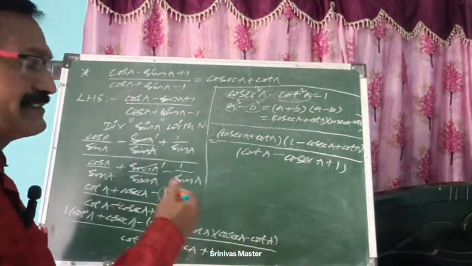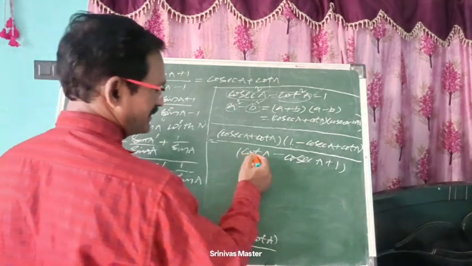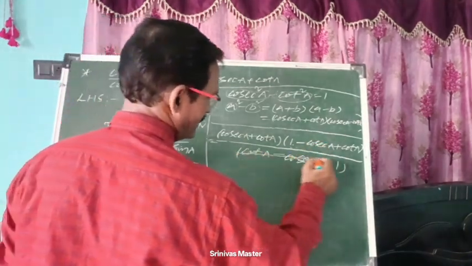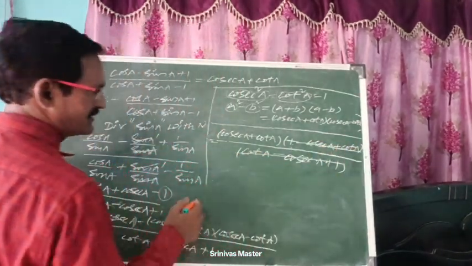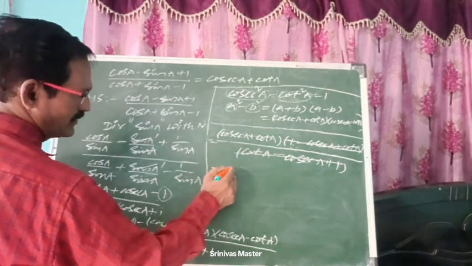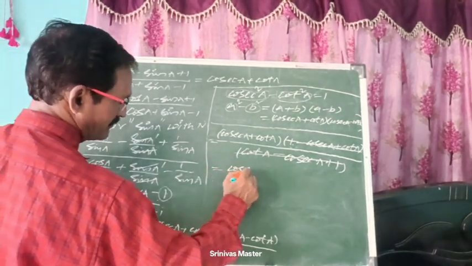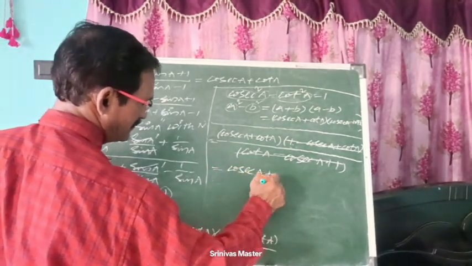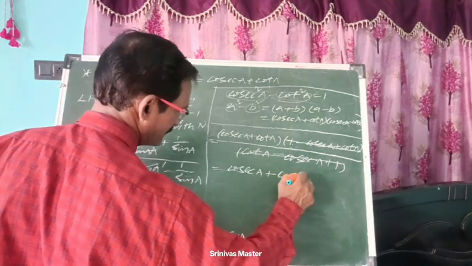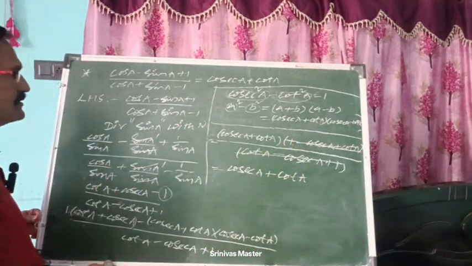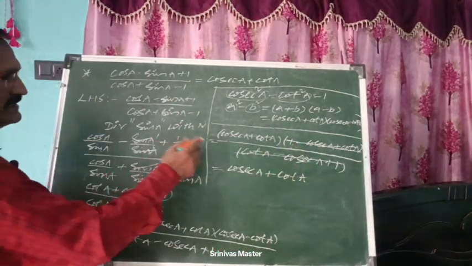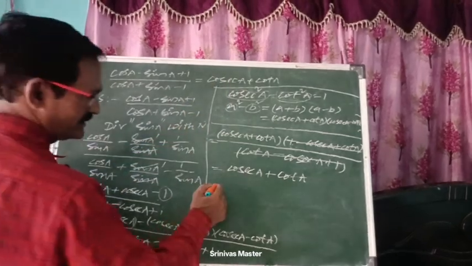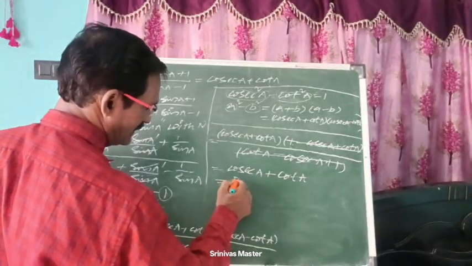Or we can compare like that. So if you compare this and this, all the terms are the same, no? So these will be cancelled. What is the remaining term? Cosec A plus cot A. So when I am taking this LHS, this is equal to RHS, no? So LHS is equal to RHS.